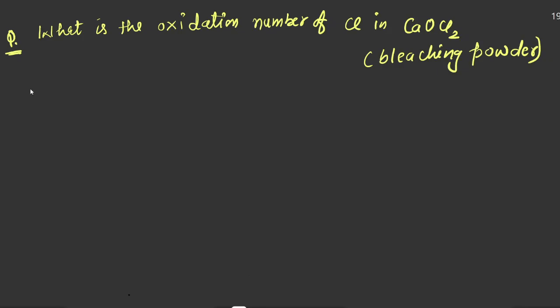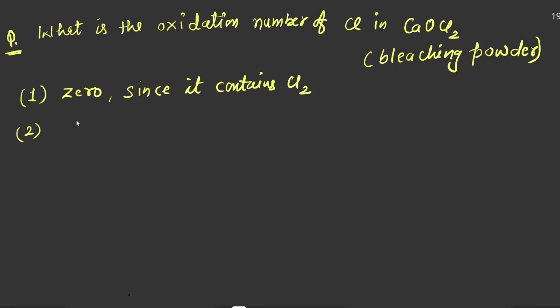Okay, so first option is 0, since it contains Cl2. Second option is -1, since it contains Cl negative.